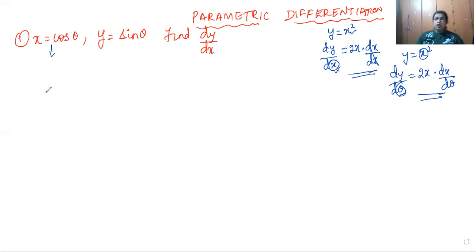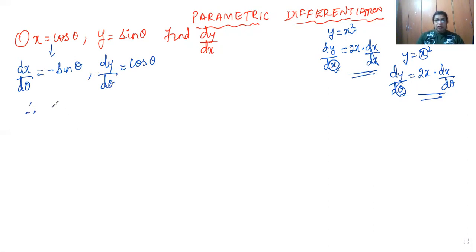Now what we do is we directly find dx by d theta because the parameter is theta. What is this answer? It is minus sine theta, correct? Then what is dy by d theta? This is equal to cos theta. So I kept ready dx by d theta and dy by d theta.